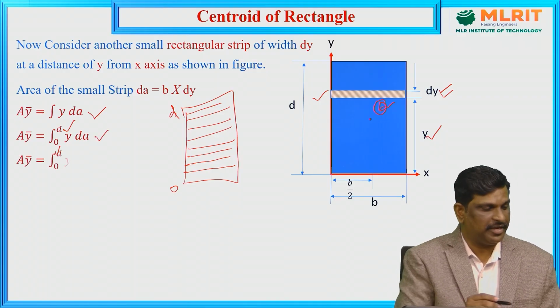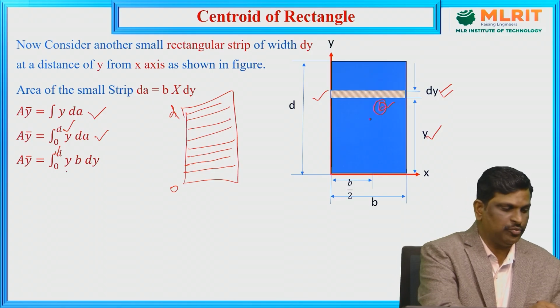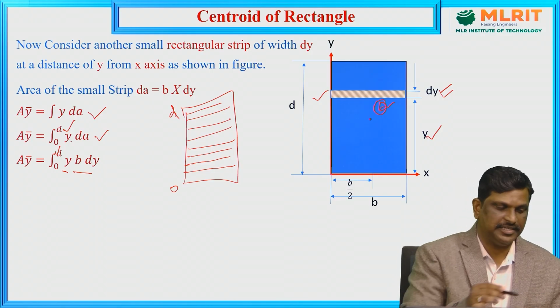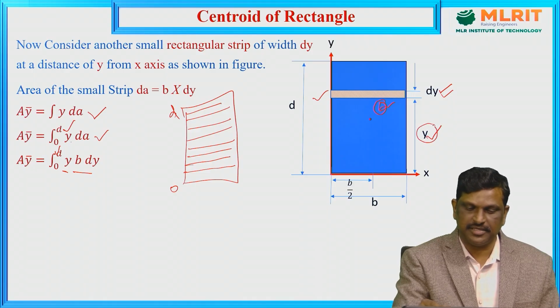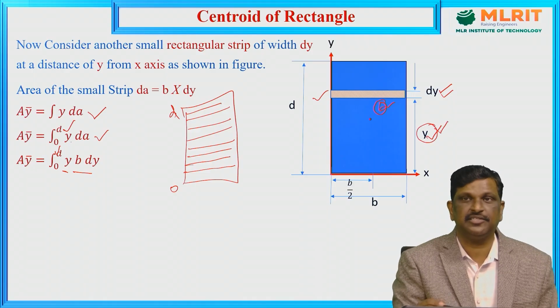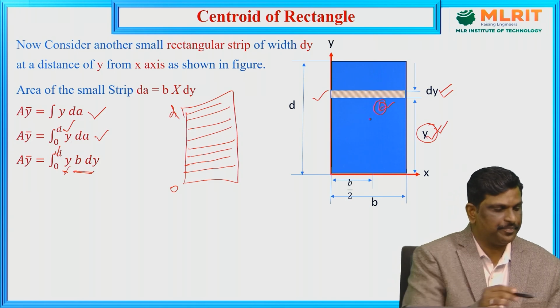Substitute the remaining values. A y bar is equal to integral 0 to d of y into b dy. Here y is the distance of the strip considered from x axis. In this derivation we have considered the distance is y itself. So y into b dy.